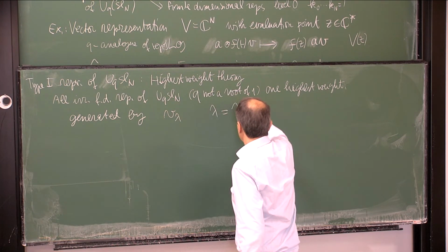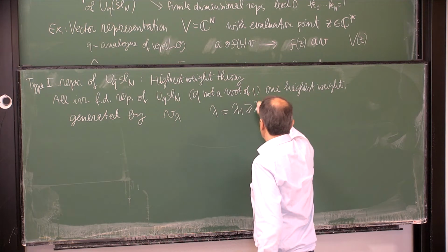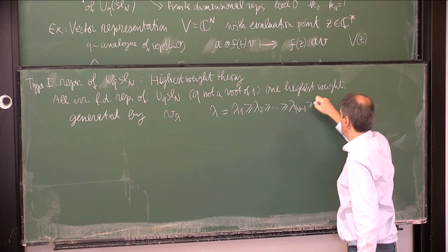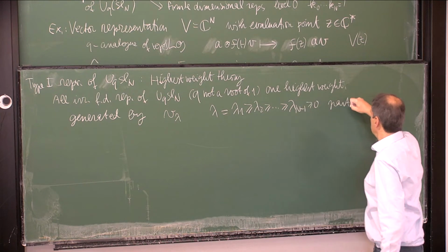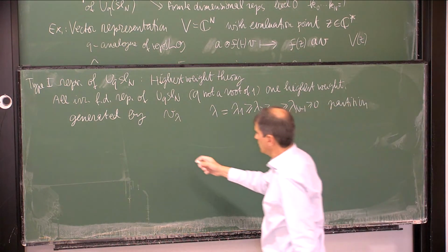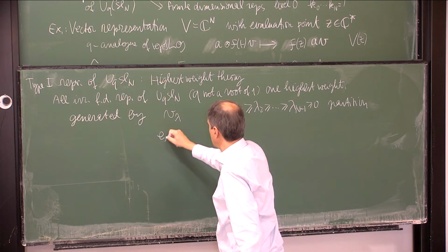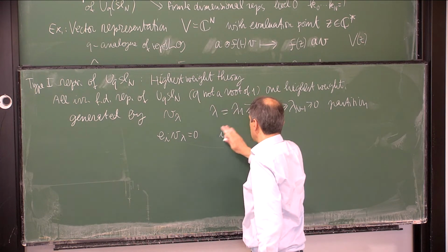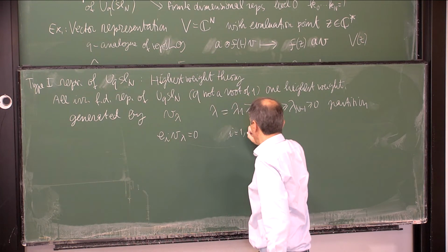Lambda is a partition or dominant weight. So it has a property that E_i V lambda equal to 0 for i from 1 to n, right? So it's finite dimensional.